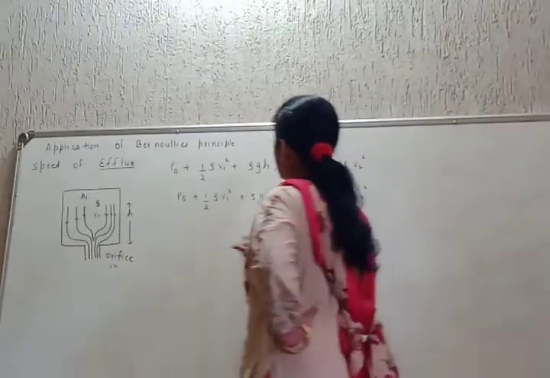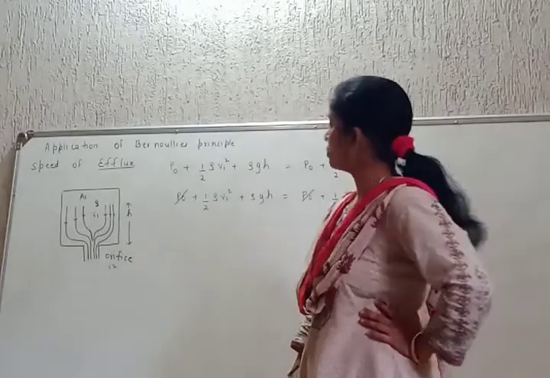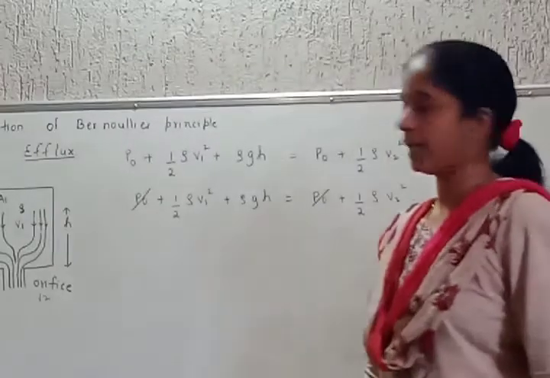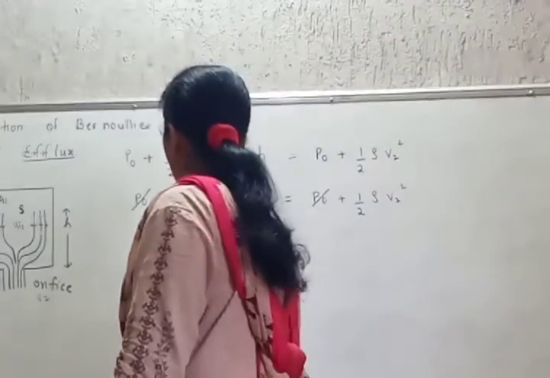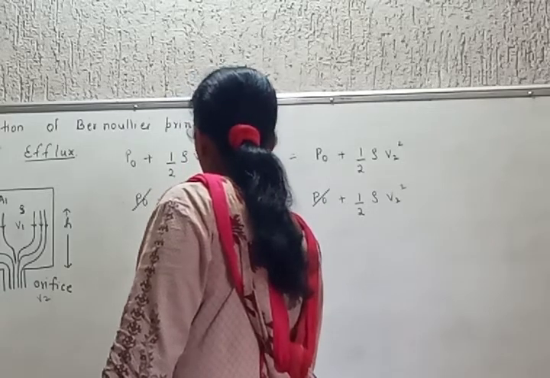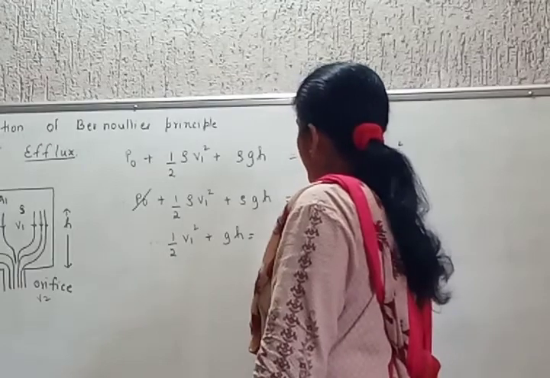P0 cancels. Are you okay, students? Rho is common throughout, it can be cancelled out. What are we left with? Half V1 square plus gh is equal to half V2 square.